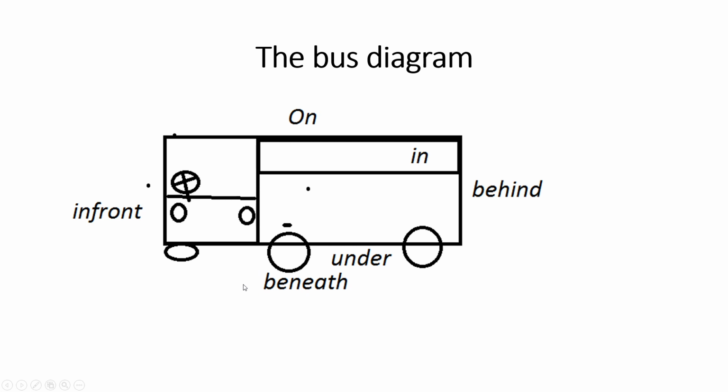Now let's see an example. Suppose we have Ashutosh as a subject. Now let's use these prepositions. One day, Ashutosh came in front of the bus and the bus hit Ashutosh.